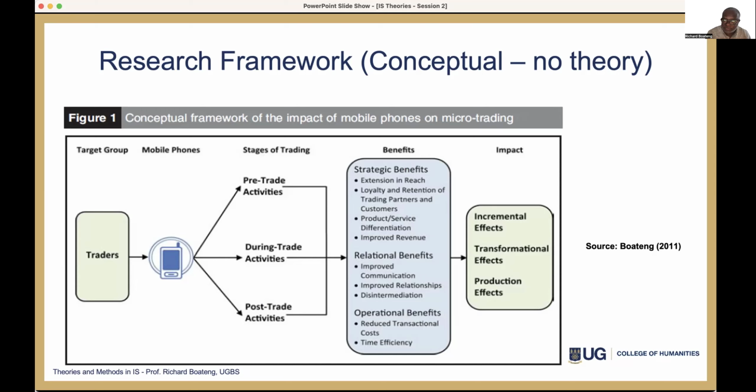Now, if you look at it very carefully, there are operational benefits, meaning reduced transaction costs and time efficiency. Actually, the operational and strategic benefits discussion that you see here is drawn from a theory called transaction cost theory. The authors who developed this ICT commerce benefit model try to draw from the transaction cost theory.